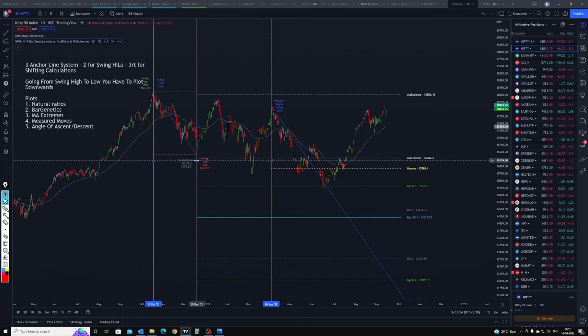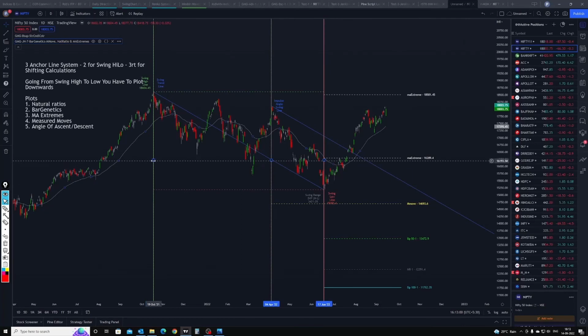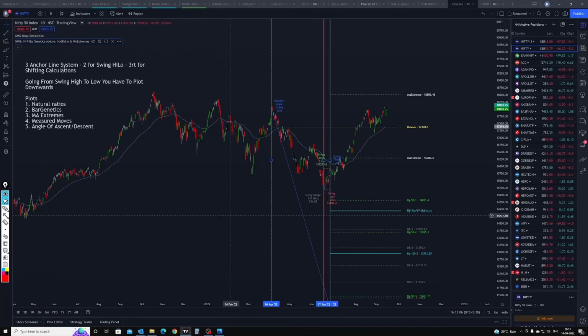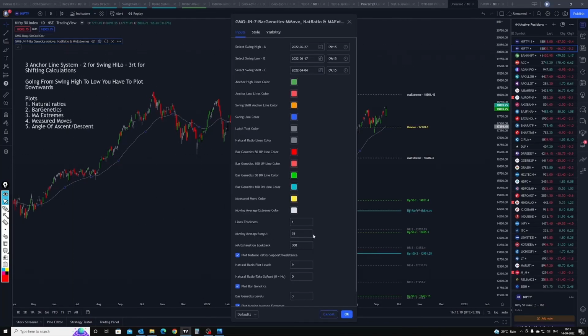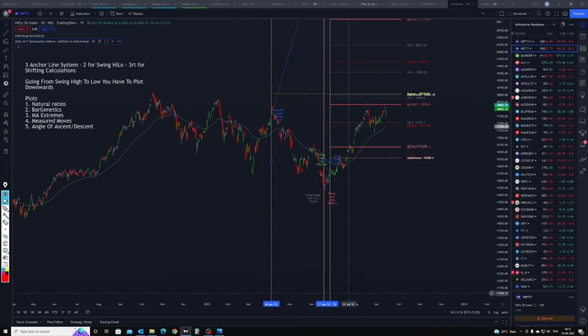So for example, if I want to calculate what the price or the various ratios are doing from this to this level, we'll remove this because we now want it to plot upwards.